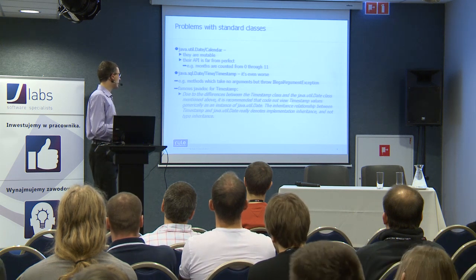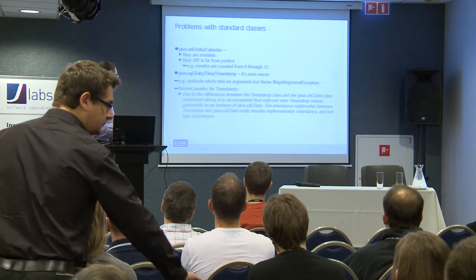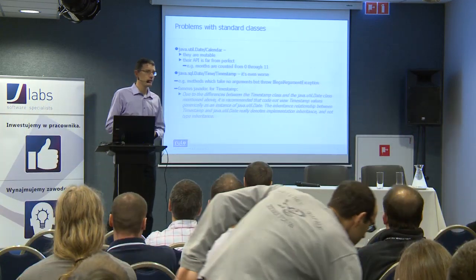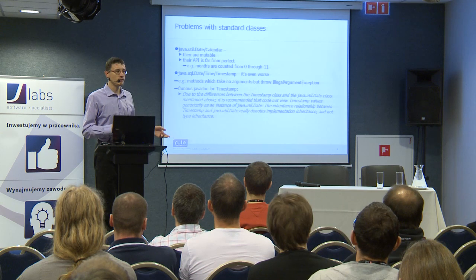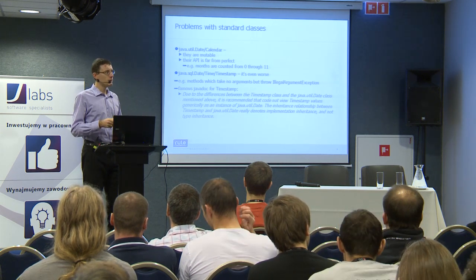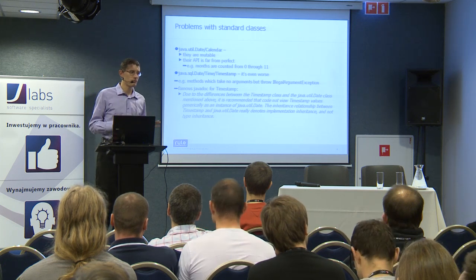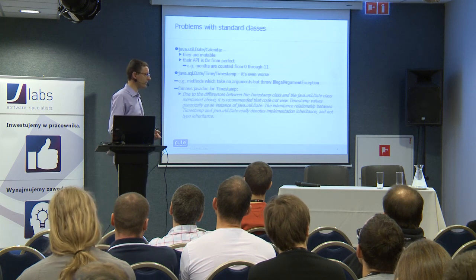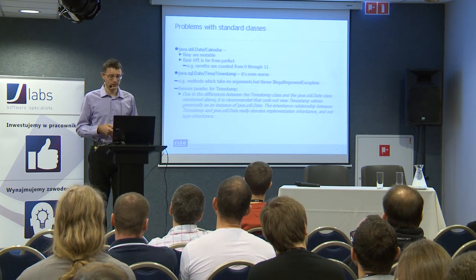And the inheritance relationship between those classes really denotes implementation inheritance and not type inheritance. So what they are saying here is just that we were lazy, so we implemented it this way by extending, but you should pretend there is no extension and they are separate. So if you see such things in JDK, what do you think?